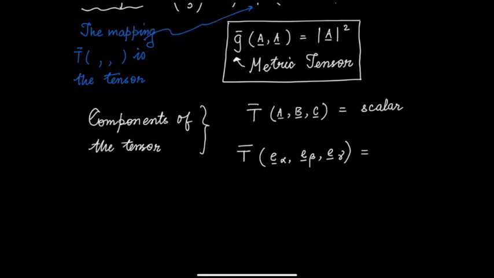This scalar I can label with alpha, beta, and gamma, because if I put in other unit vectors instead, say alpha equals 0, beta equals 3, and gamma equals 2, in that case I will get a scalar which I can label as T032.